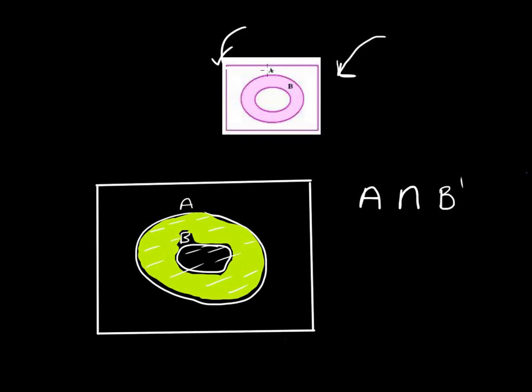Think about it. When you select A, which is everything inside A, and you intersect it and find whatever common part it shares with everything outside of B, you would get this shape up here: A intersect B complement. I hope that makes it clear. And there you have it.